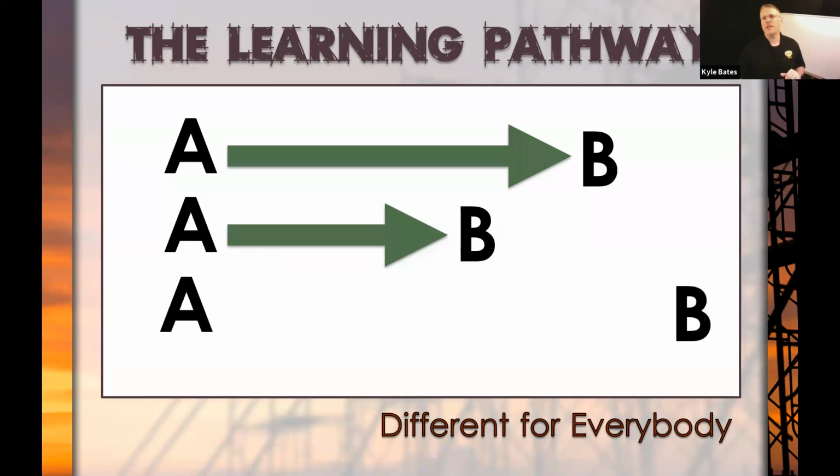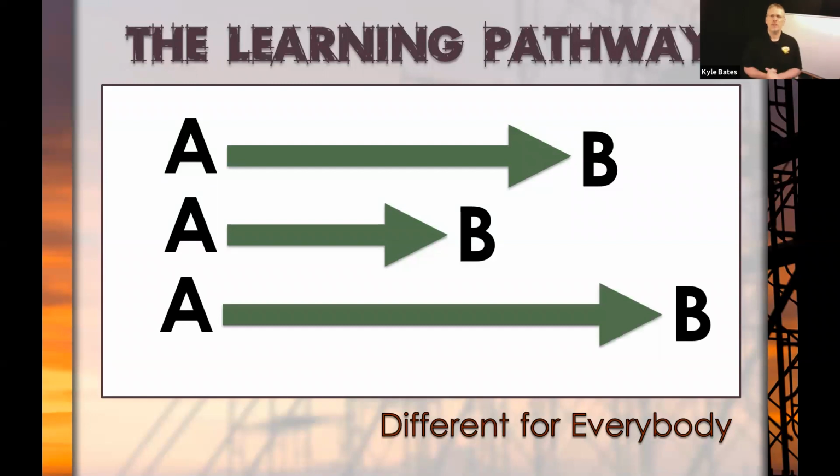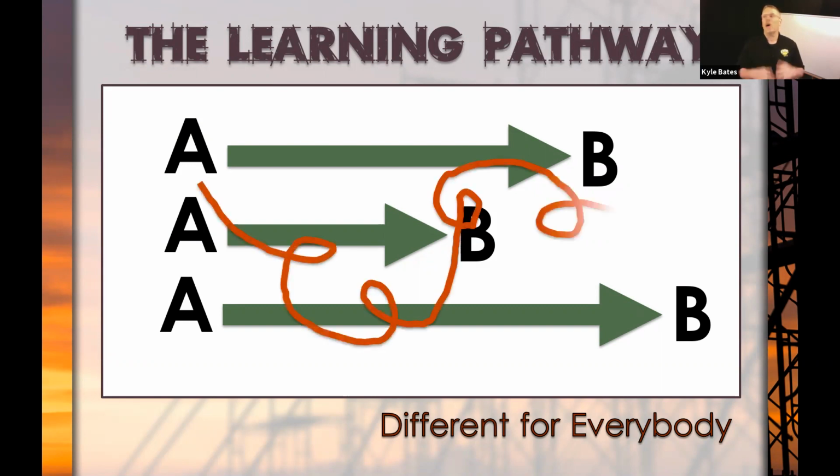Then we have those students for whom, no matter how much time you give them, it just takes them longer to get from A to B. And it's going to be different for every single learner. And then, of course, we have those who are just all over the place. They get from A to B. How they got there, we really don't know.